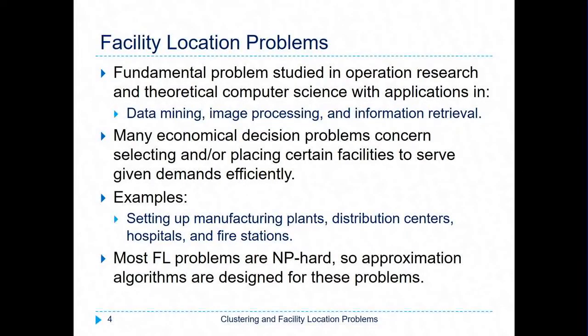Facility location problems are fundamental problems studied in operations research and theoretical computer science. They have lots of applications in data mining, image processing, and information retrieval. Many economic decision problems concern selecting or placing facilities in order to serve a given set of demands efficiently.